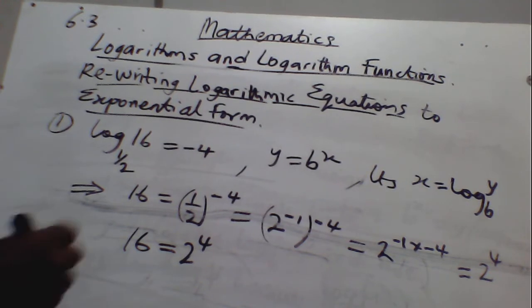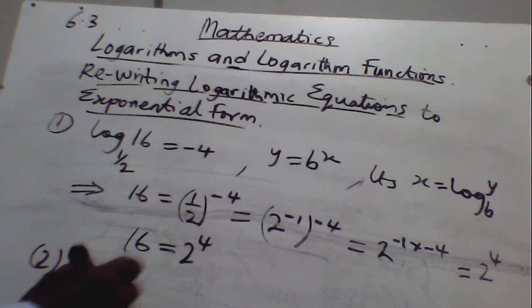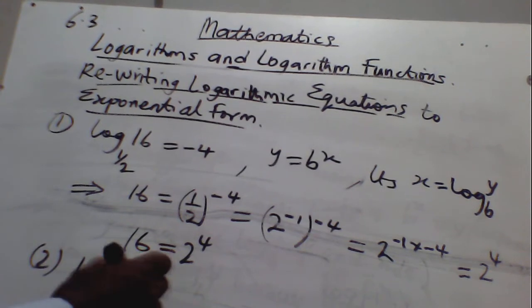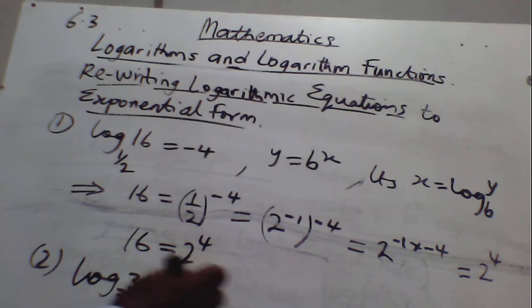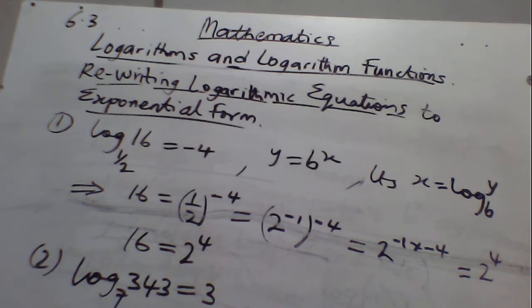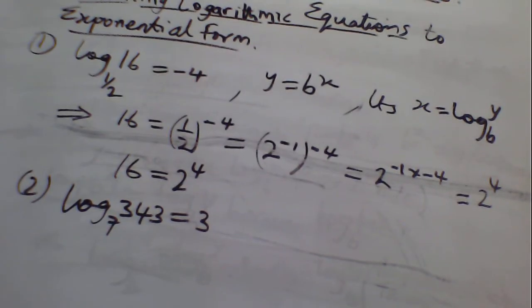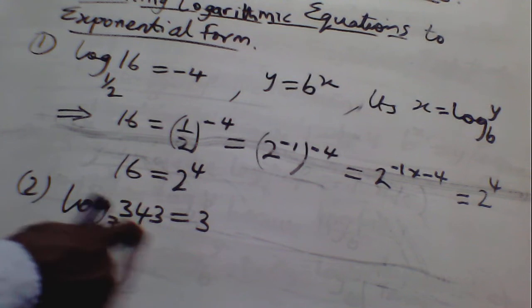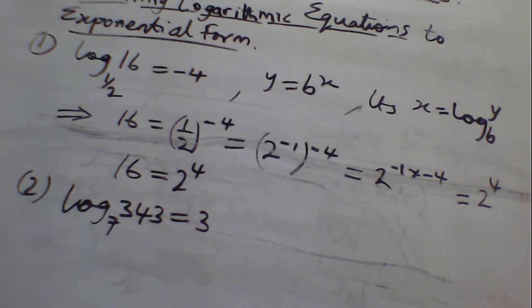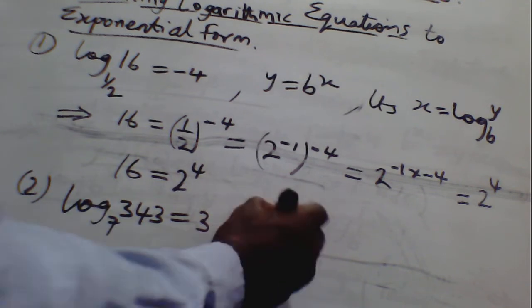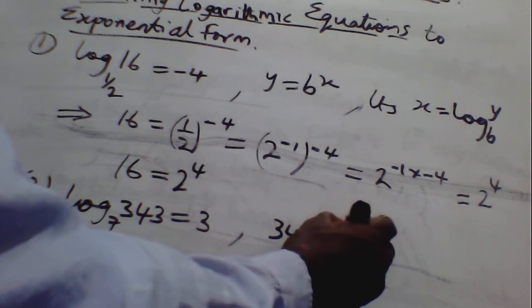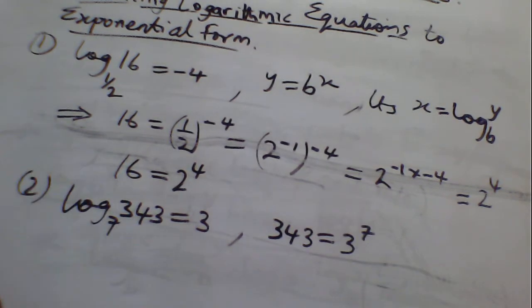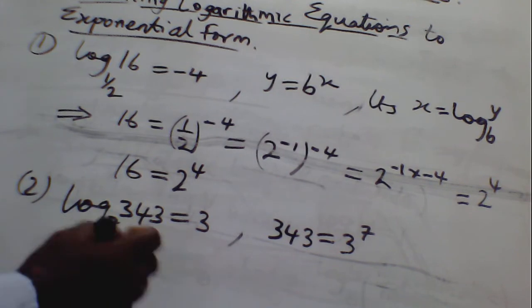So the second one, we are given log to base 7 of 343 is equal to 3. So you are required to do what? Write it in exponential form. We know that 343 is equal to 7 raised to the power 3.